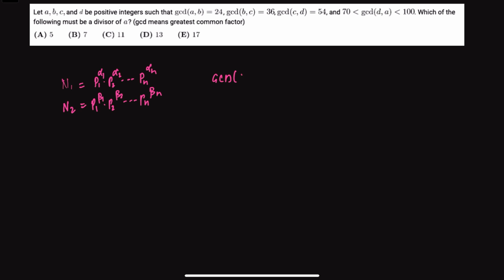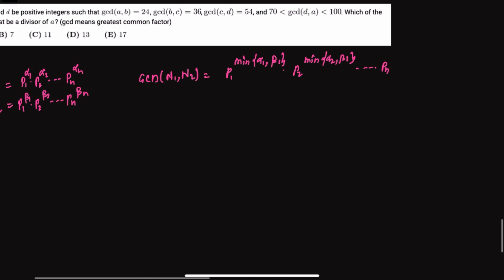So the GCD of n1 comma n2 will be p1 to the power minimum of alpha 1 comma beta 1, p2 to the power minimum of alpha 2 comma beta 2 and so on, pn to the power minimum of alpha n comma beta n.